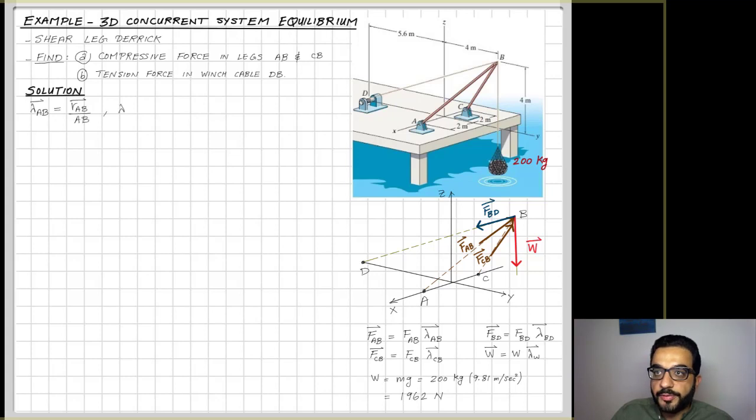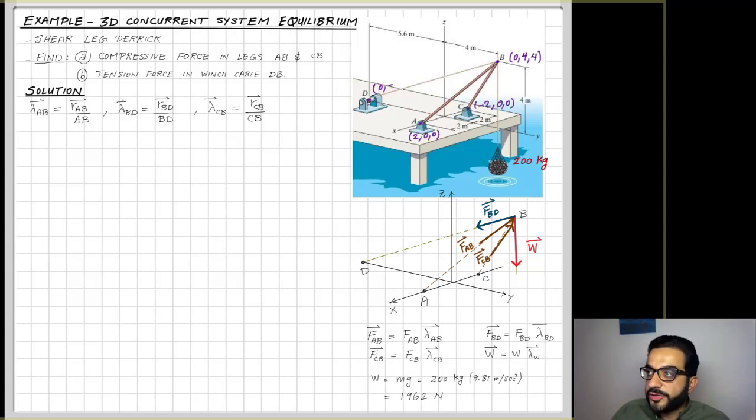From the previous video, we learned that the unit vector is equal to the position vector of 2 points on that direction line, divided by the magnitude of this position vector. So lambda AB, the unit vector AB, is equal to the position vector AB divided by the length AB. And the same for the other unit vectors.